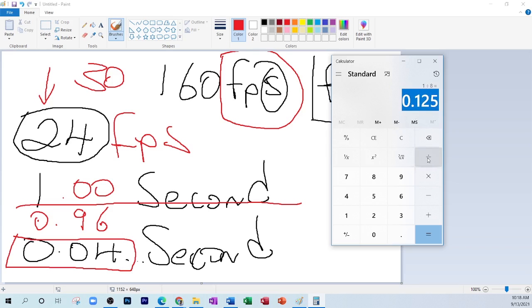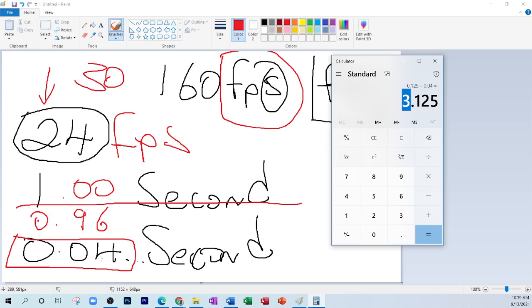And if we were to divide that now by the 0.04, the image needs to last for 3 of that 0.04. So in that case, the image is going to be in threes.